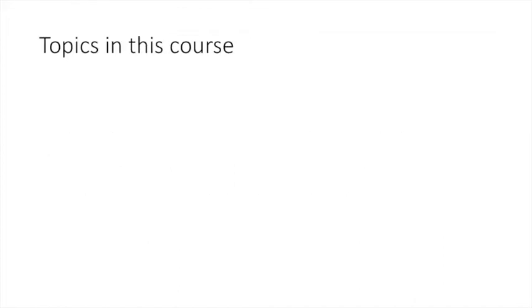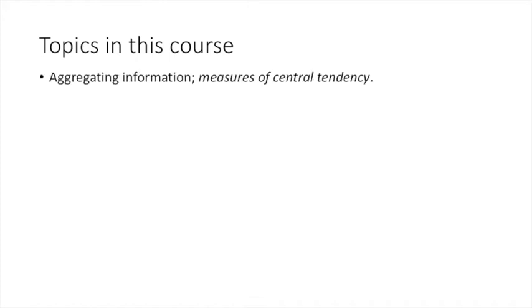Moving on, in this course, we shall cover the topics as given on this slide. In these bullet points, I first give a common description of the topic and then put its formal name in italics.